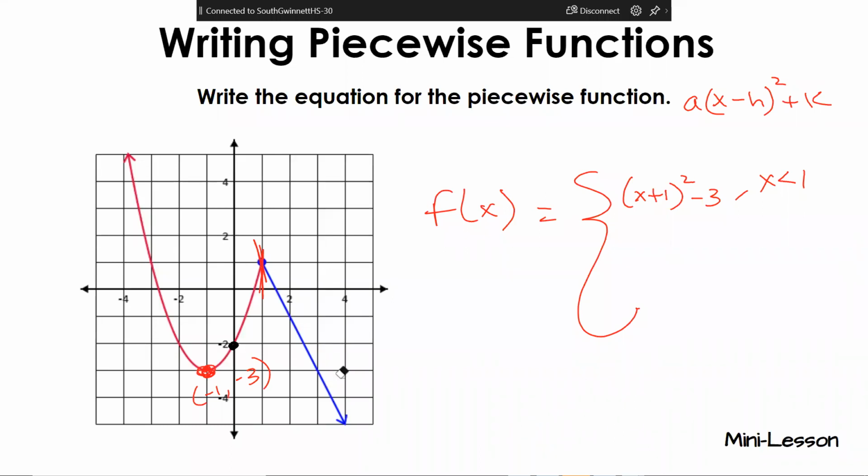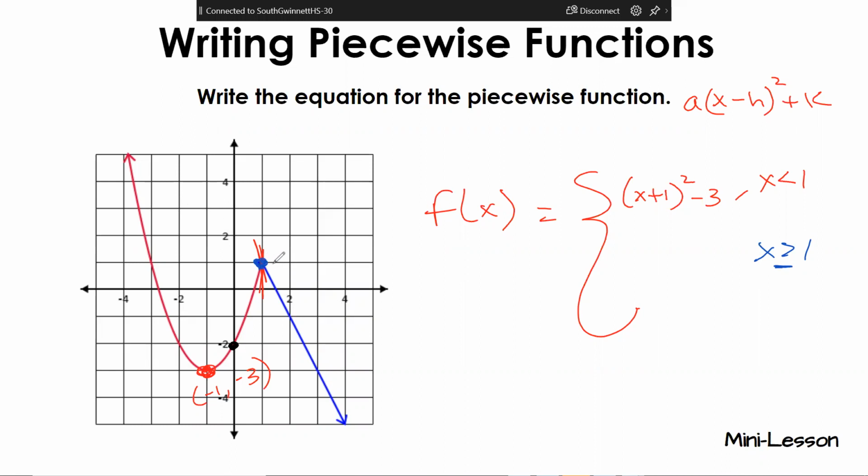Okay, now we're going to write the equation for this blue line. So that's when x is greater than 1. X is greater than 1. And this blue dot right here shows us that it's going to also be equal to. If we extended this line, we're trying to see where it crosses the axis.